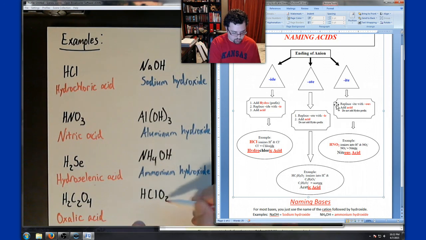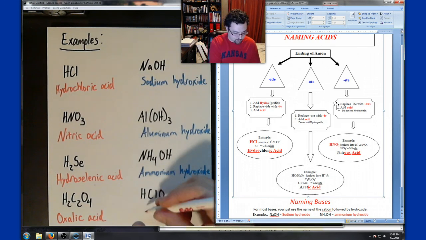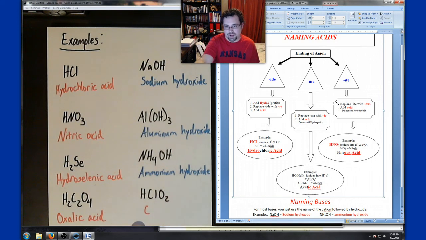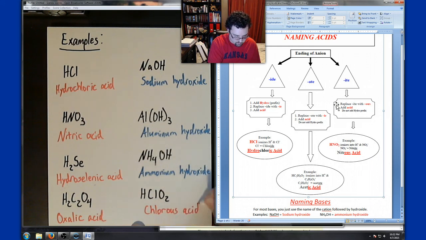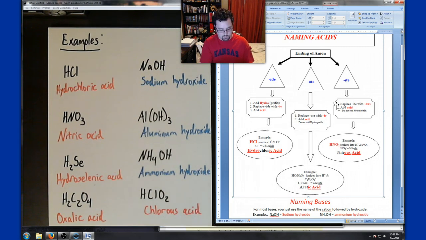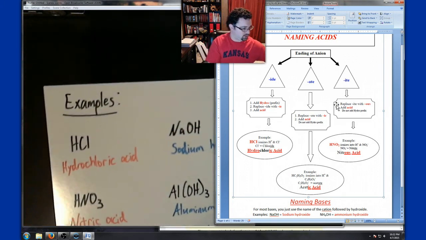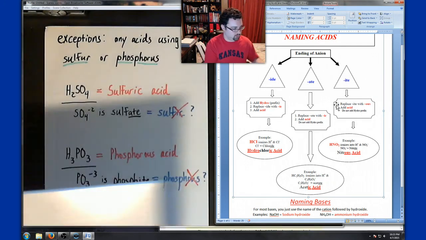Okay, HClO2 breaks up into H plus and ClO2, which is chlorite. So we look at "ite", replace "ite" with "ous". So this is going to be chlor, instead of chloric, chlorous acid.